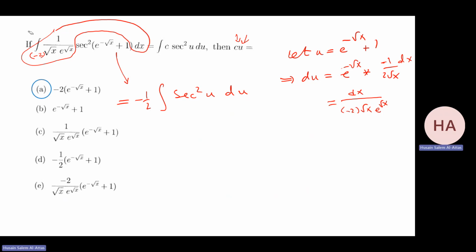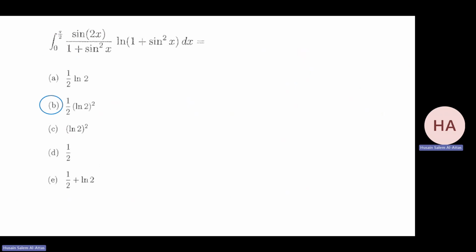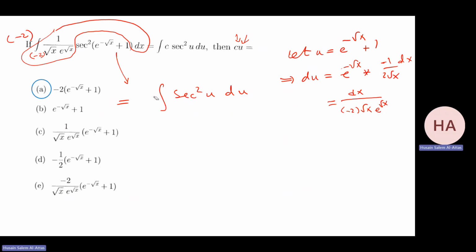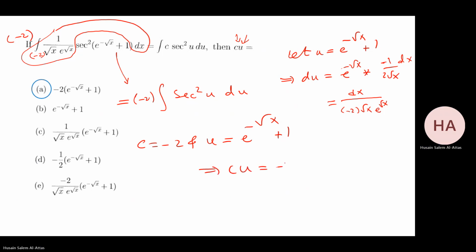This is minus 2, sorry. So c is minus 2, and u is e to the minus square root of x plus 1. What will be c u? It will be minus 2 e to the minus square root of x plus 1, which is this.